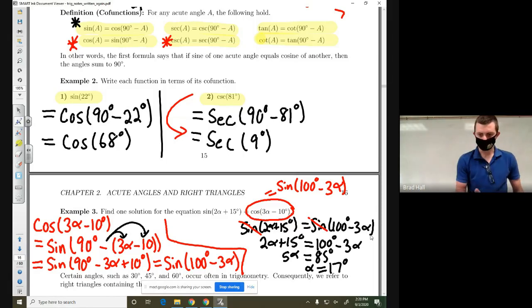And since algebra is a prerequisite for this class, I'm just going to breeze through the like terms and solve for alpha, which is 17 degrees. I hope it's 17. Yeah. All right, cool. So that would be the answer. Alpha is equal to 17 degrees.